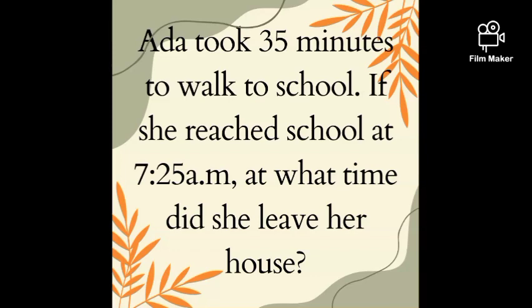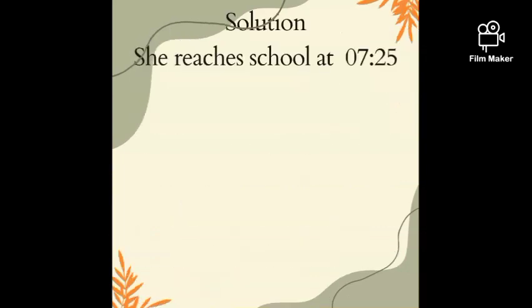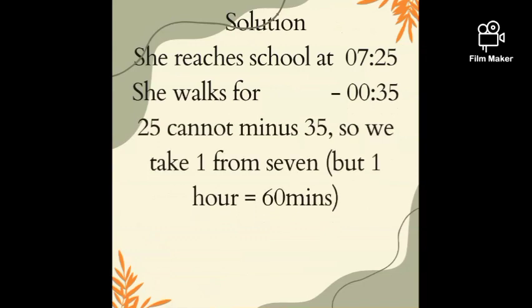It took Ada 35 minutes to walk to school. If she reaches school at 7:25 a.m., at what time did she leave her home? She reaches school at 7:25 and it took her 35 minutes to walk to school. Now, you need to subtract to know the exact time she left home.